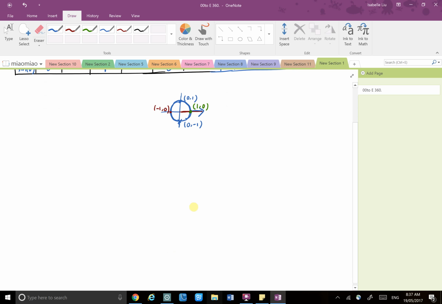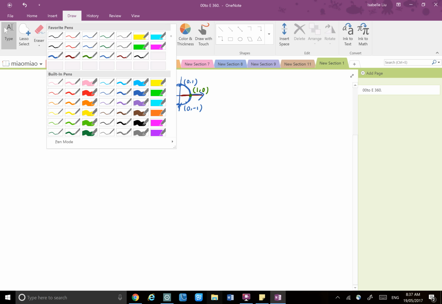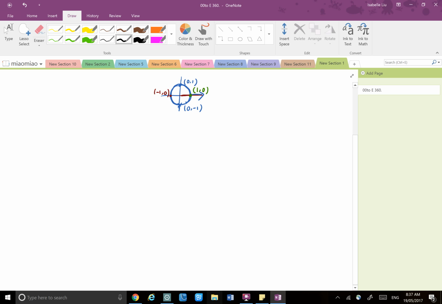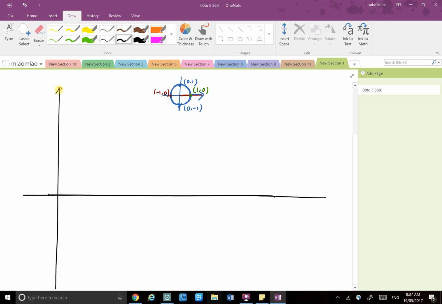And I want to put those values on the x-axis and y-axis. So that's sine theta.